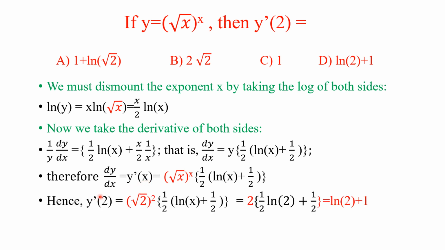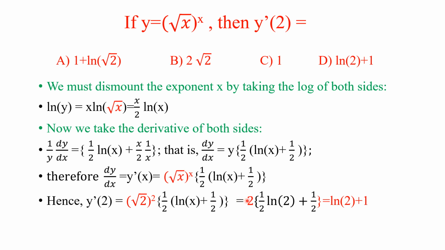So y prime of 2 equals, we have to plug in for every occurrence of x the value of 2. So square root of 2 to the power 2, and then between the brackets the same values. Square root of 2 to the power of 2 will give us 2.